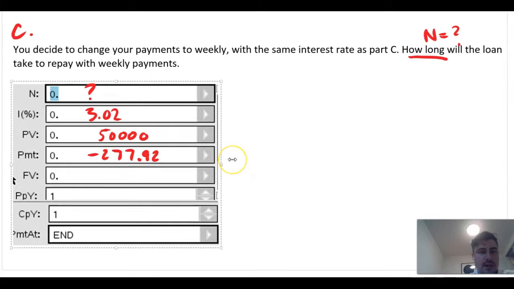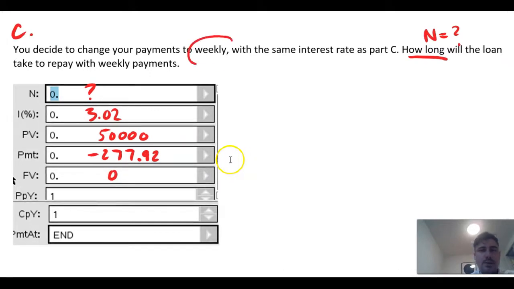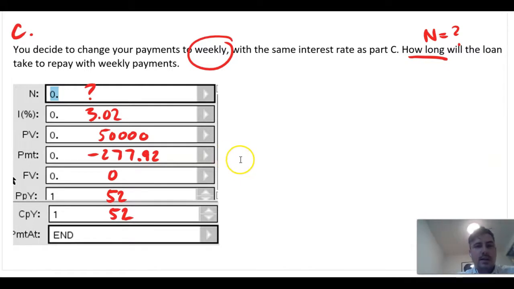FV comes out as 0. And PPY CPY, because it's weekly, come out as 52, because there's that many weeks and compounding periods if that's weekly. Okay, so that will give us the time period in number of payments.